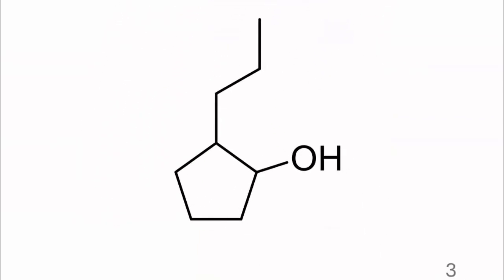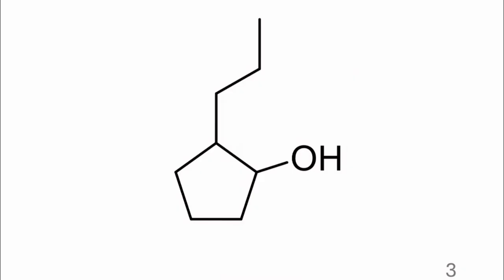Alcohols can be cyclic. And whenever we have a cyclic alcohol, the rules are similar to what we have seen in the other 2 examples. We can observe that our longest carbon chain is going to be the cyclic system because that's where the OH group is.